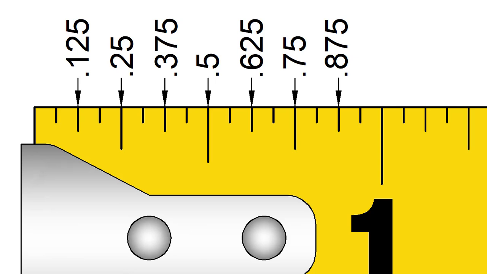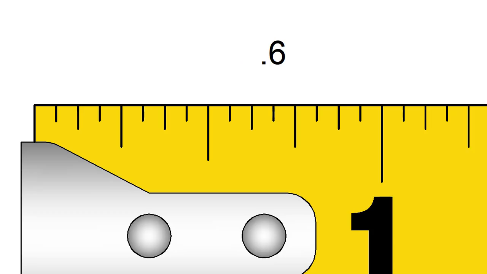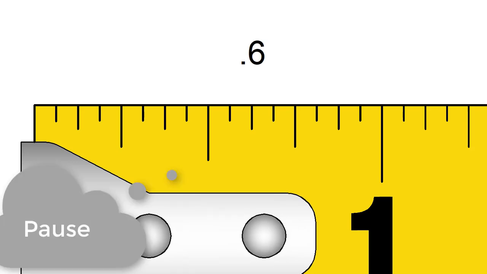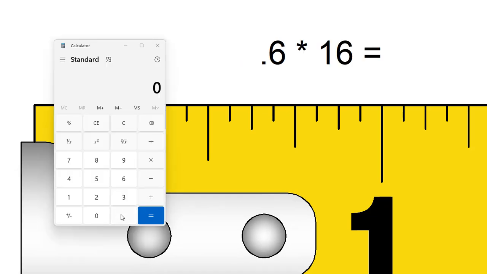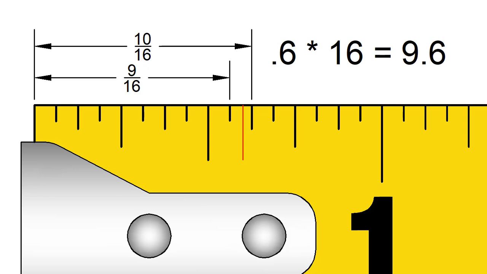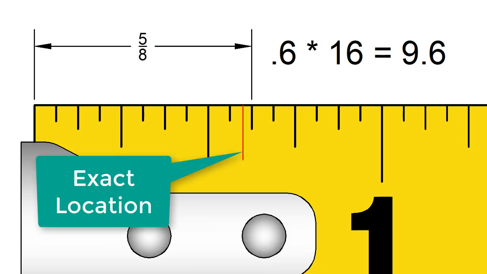Now let's try going in the other direction. What fraction is closest to 0.6 inches? 0.6 times 16 is equal to 9.6. That means the decimal falls past the 9/16 mark and is closer to the 10/16 mark. This would mean that the measurement was just less than 5/8.